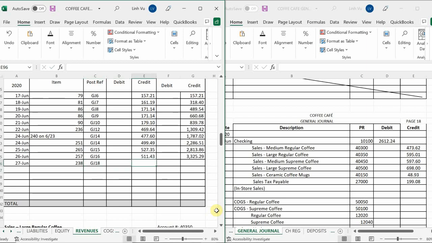For a total of $473.62. So what's my total ending balance in my sales for the medium coffee cups? Sales for the medium regular coffee cups.